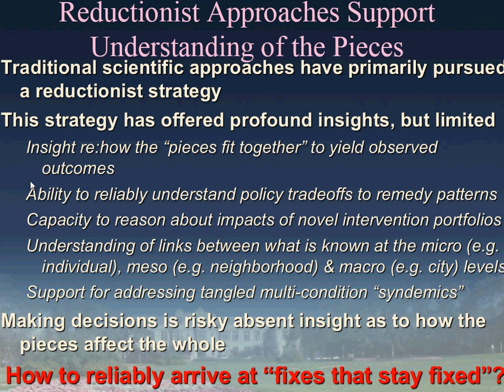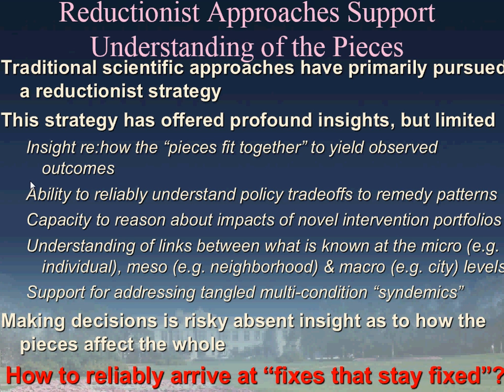But this sort of work, reductionist efforts, the taking apart of a system to understand the pieces, has great benefits in certain areas, but it yields limited insight into how all these pieces fit together to yield the outcomes at the system level as a whole. It provides limited ability to reliably understand policy trade-offs needed to remedy patterns when we have these entangled systems.